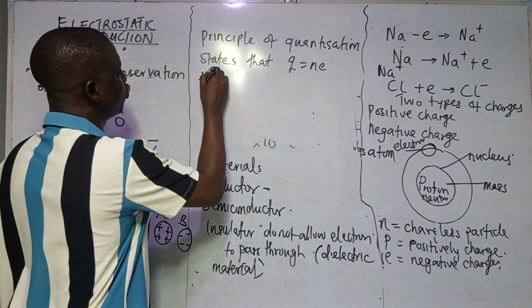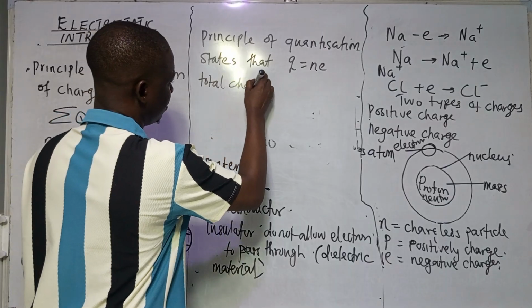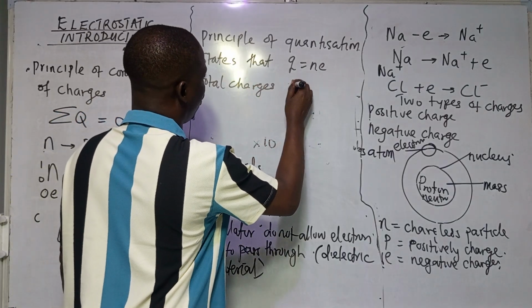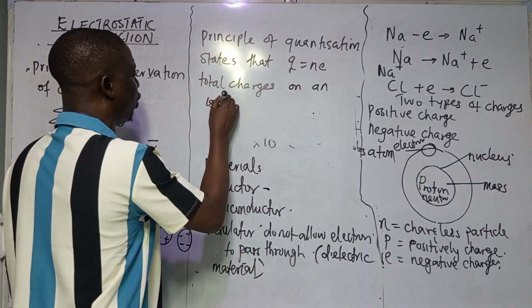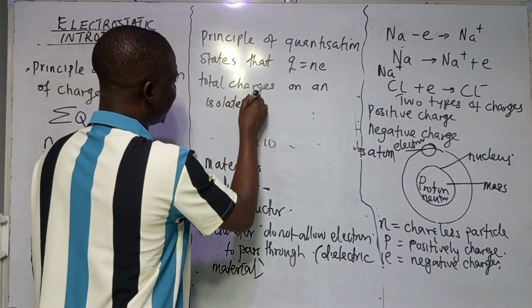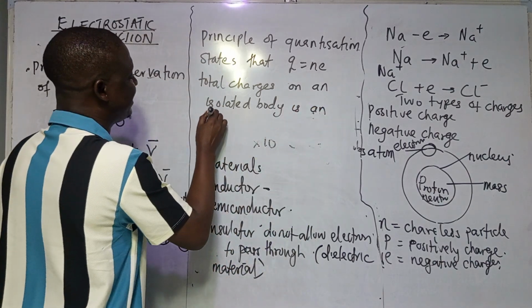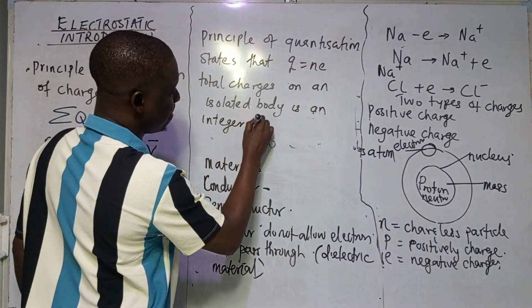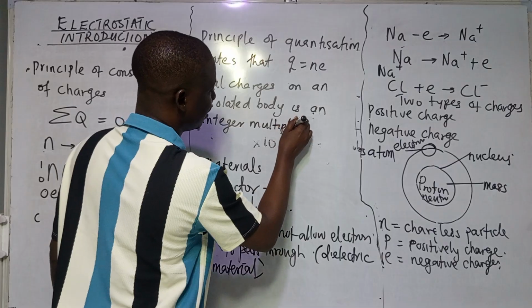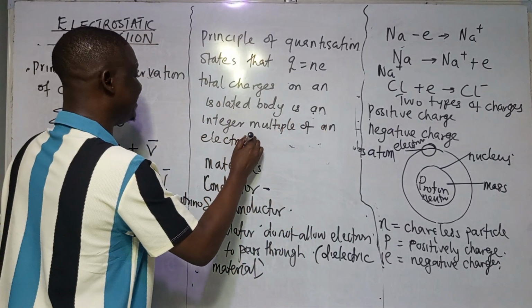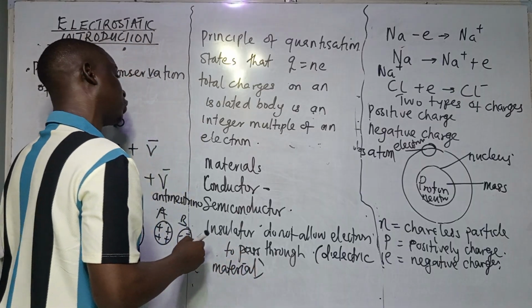What does that mean? It means that the total charge in or on an isolated body is an integer multiple of an electron charge.